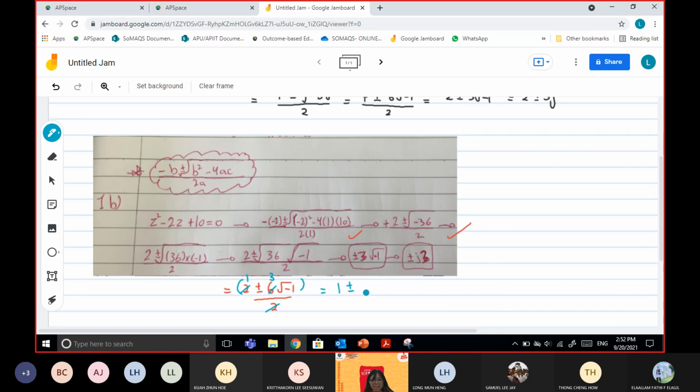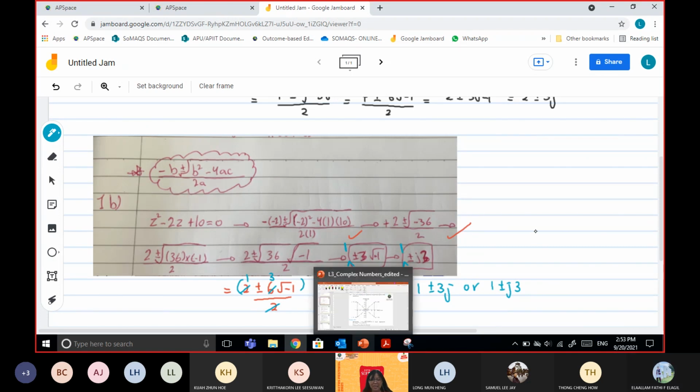So it should be 1 plus minus 3 square root of -1, which is 1 plus minus 3j. Or we can write it as 1 plus minus j3, which is also the same. So Ilalam, you missed out the 1 in the front. Understand? Yes, miss. So this is the correct answer.